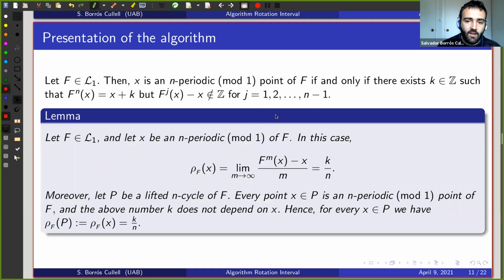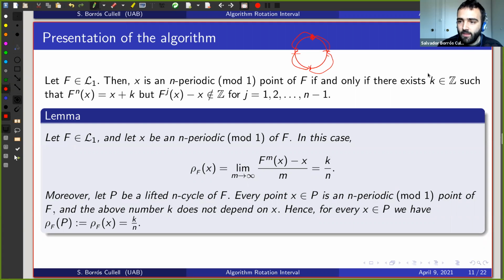Then, as I said, we will have to deal with periodic points. On the circle, a periodic point is very easy to see: you go on and then you fall again where you started. On liftings, you have to be a bit more careful, because a lifting goes on increasing, so you have to define periodicity modulo 1.